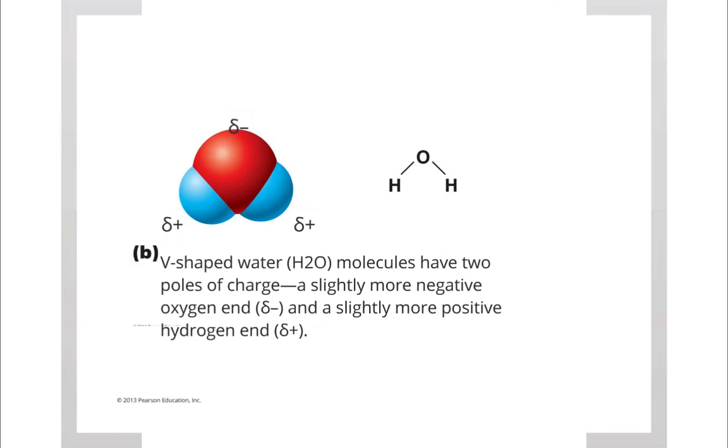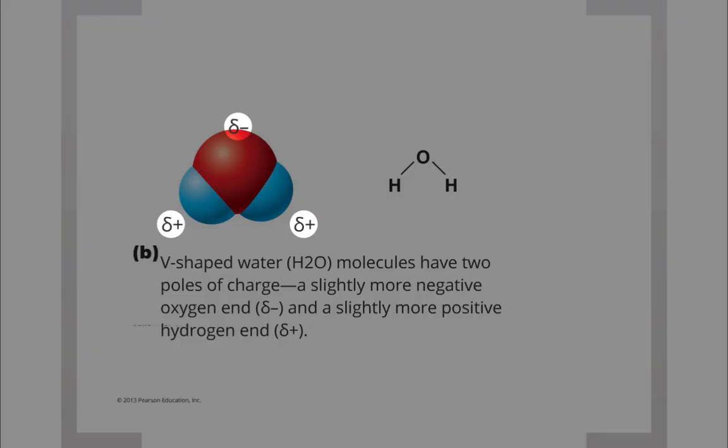Water, as a result, ends up bent, and we see that red ball of oxygen and the two little blue balls representing hydrogen. And you notice on either end of this molecule, we've got these odd little markers. It looks like a lowercase d with a bent tail on it. Up at the top, that little lowercase d with a bent tail has a minus next to it. That is actually the Greek letter delta, and it means partial.